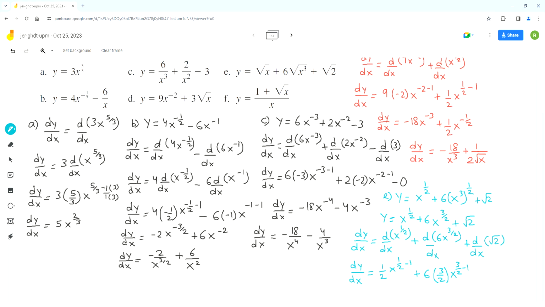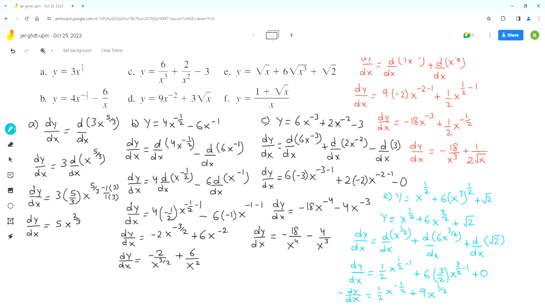And then plus 0 because square root of 2 is a constant. So now we can rewrite this as dy over dx equals, so we get half and then x to the power negative half. And then plus 6 times 3 over 2 is equal to 9, and then x to the power half.